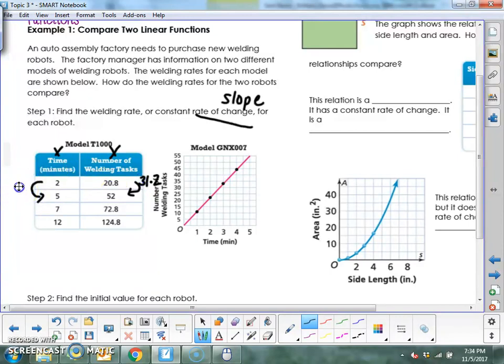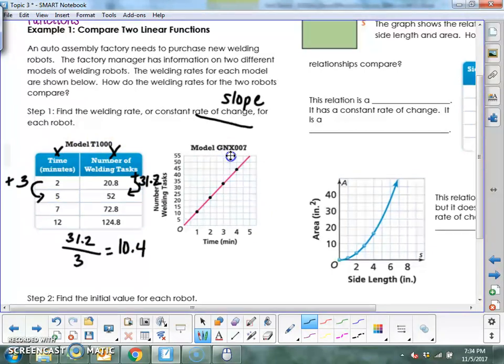And then from 2 to 5, this went up 3. When you're finding your slope, you take the change in Y, 31.2, divided by the change in X, which is 3, and when you divide that out, you get 10.4. So that's saying that the Model T1000 makes 10.4 welding tasks a minute.